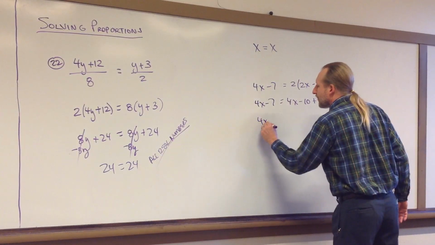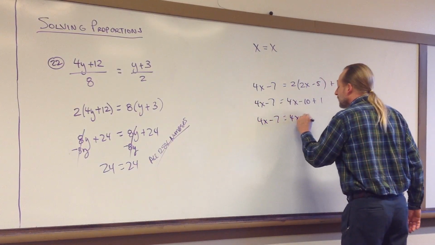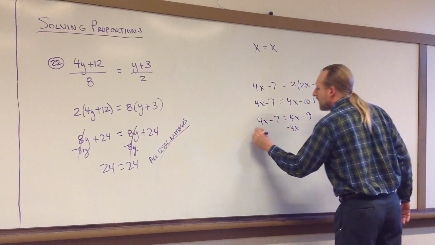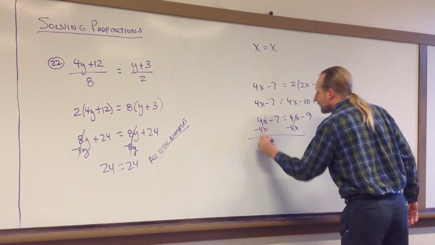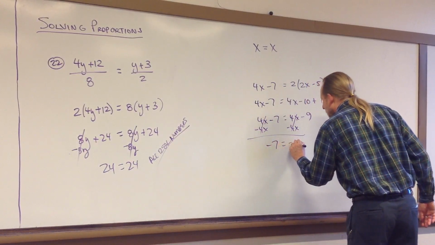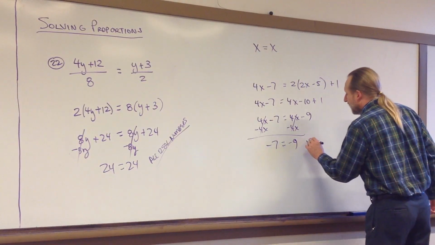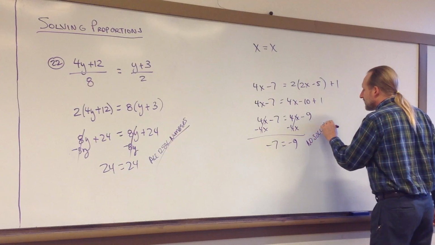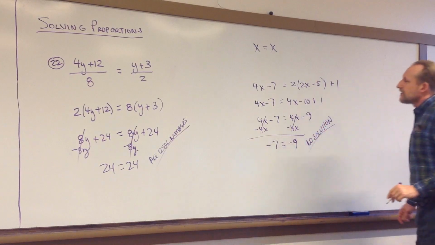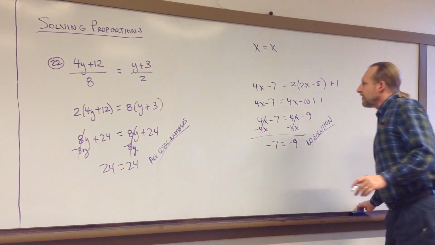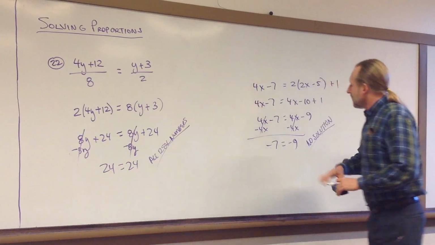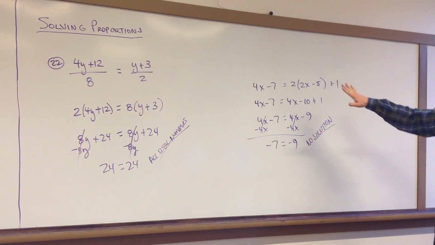Now, this is 4x minus 7 equals 4x minus 9. And if I subtract those 4x's away, I get negative 7 equals negative 9. That's not true. So what this is saying is that no matter what value of x you put in here, it is not going to make this true, okay?